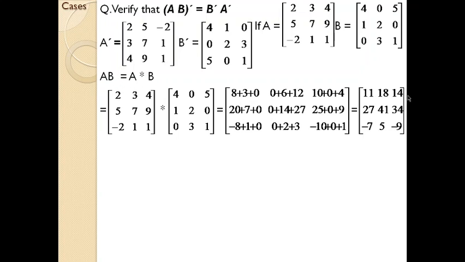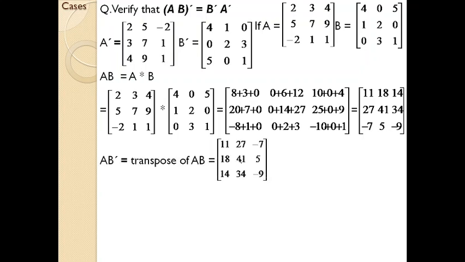But in the question you have to prove (AB) transpose. You got AB as this one, so (AB) transpose will be this one. So now you got the left hand side of the statement.